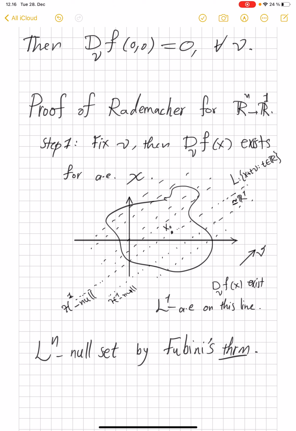If you want to see it through integrals, you have to write the integral of the characteristic function of, say, this u. You integrate the characteristic function, and that becomes a double integral. Anyway, if every parallel line picks up only a null set, the whole set is actually a null set. So except for an Ln null set, all these derivatives exist, and that completes the proof of step 1.